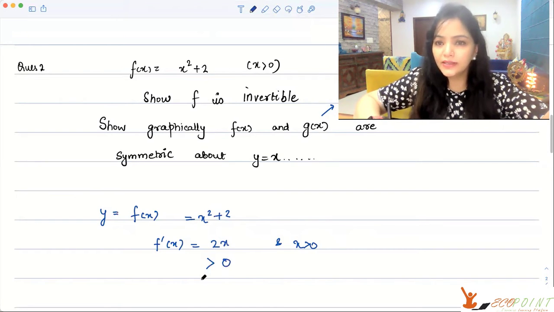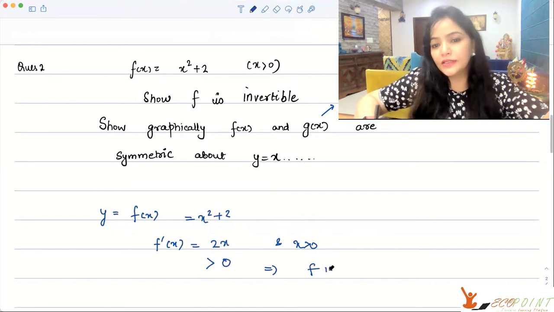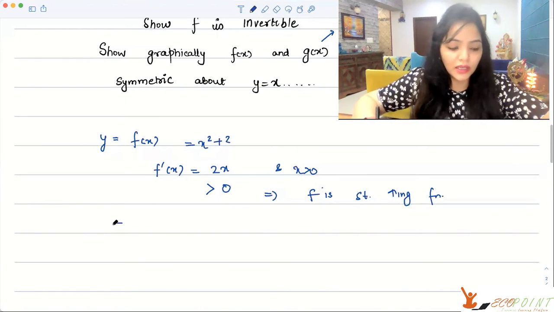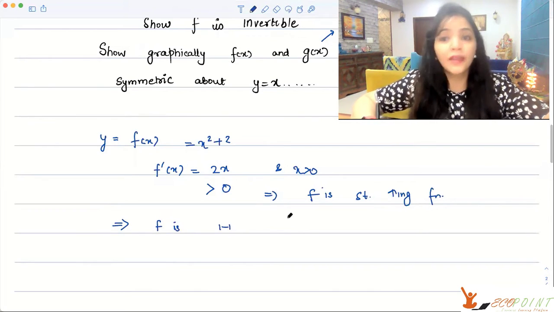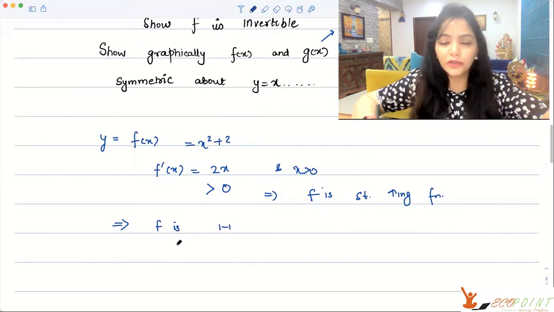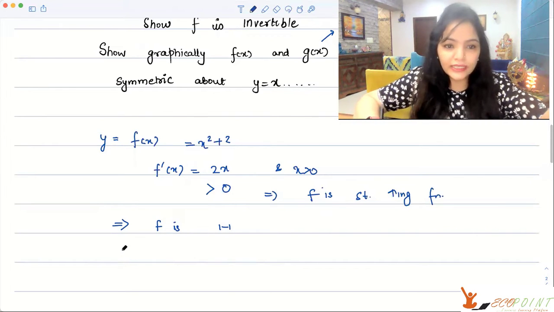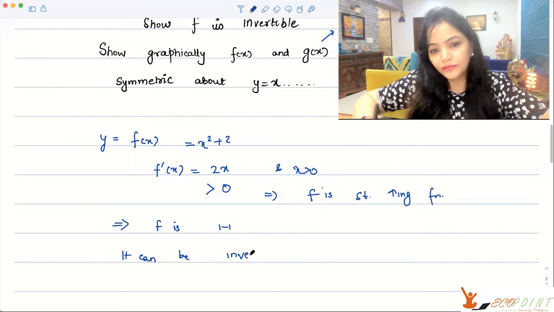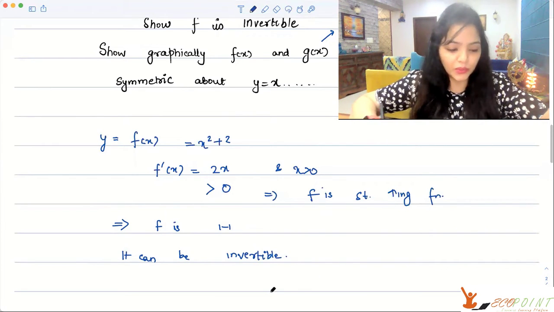So f'(x) is strictly greater than 0, which means f is a strictly increasing function, which implies that f is one-to-one. And if you remember, the moment a function is one-to-one, then you can create its inverse. So it can be made invertible.